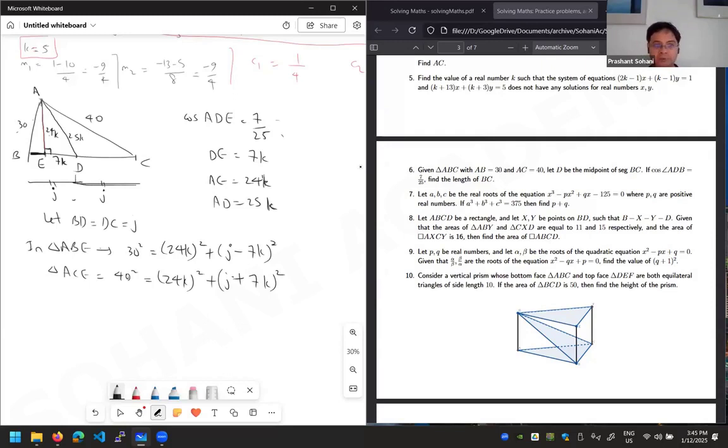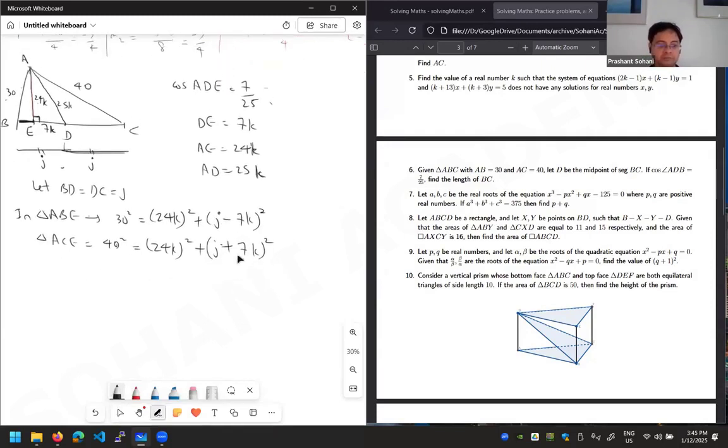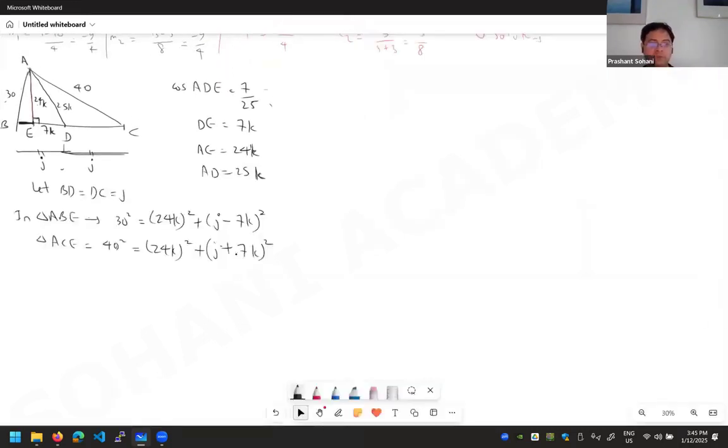So if I simplify it further, what do we get? The first equation can be rewritten as 900 is equal to 24 square plus... I am keeping the 24 as it is, because of the Pythagorean triplet it will get combined. So 24 square plus 7 square will become 25 square, because you should know the standard Pythagorean triplet 7, 24, 25.